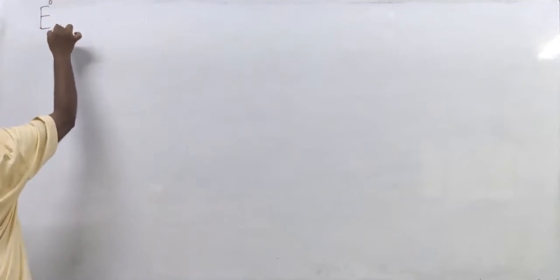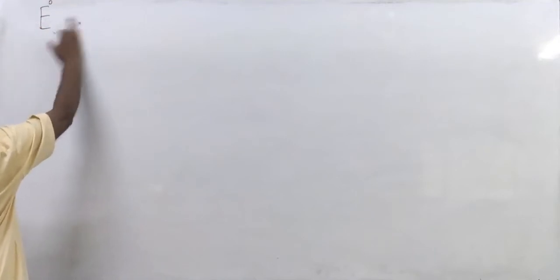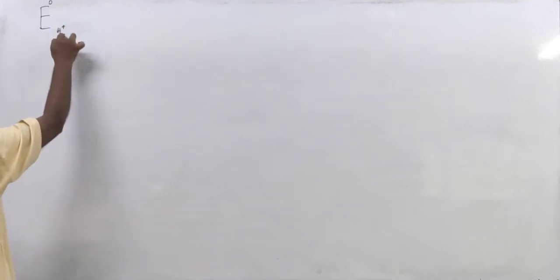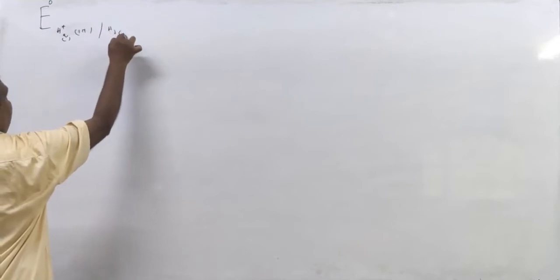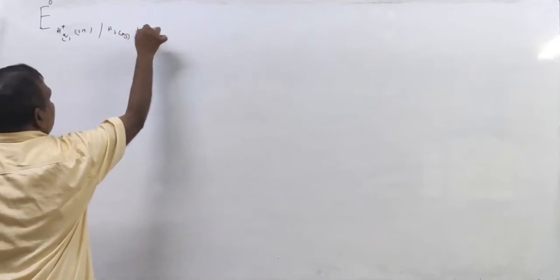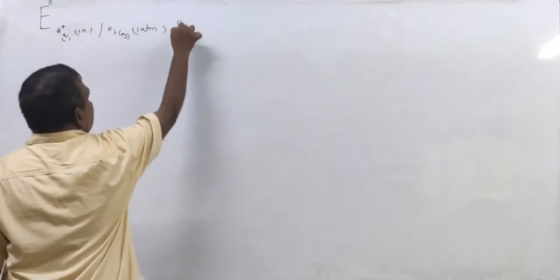Now, a typical example I am giving now. E naught of Pt, H plus ion concentration of 1 molar, hydrogen gas 1 atmosphere, Pt solid.